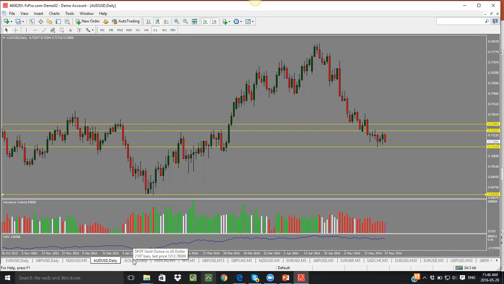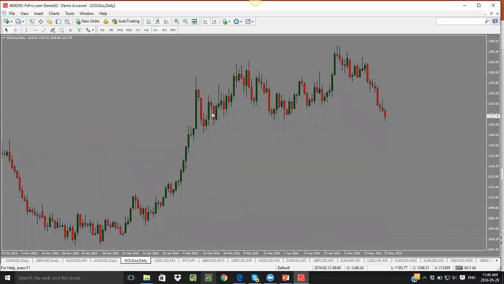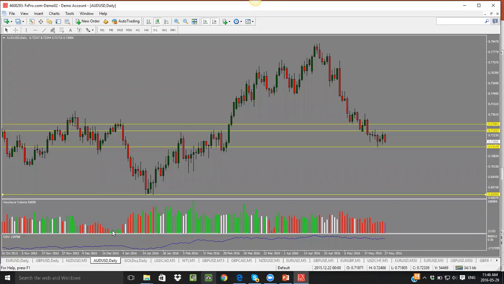So you would expect Australian dollar to follow. And as we can see, gold goes up and Australian dollar starts to go up. And over the long run here, as you see gold going up, Australian dollar follows along with it.